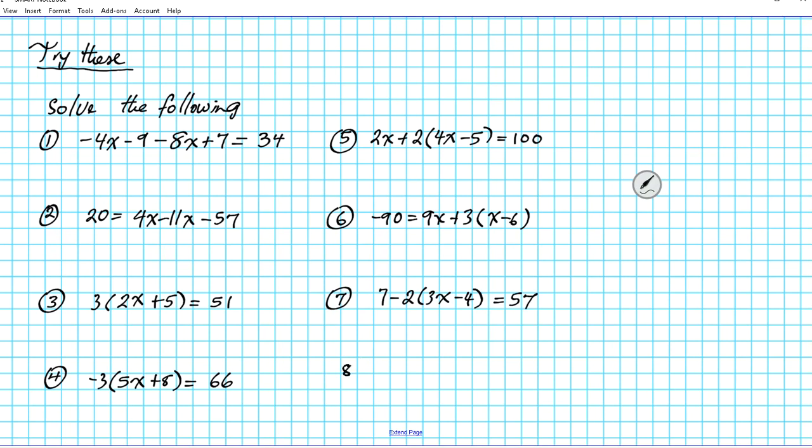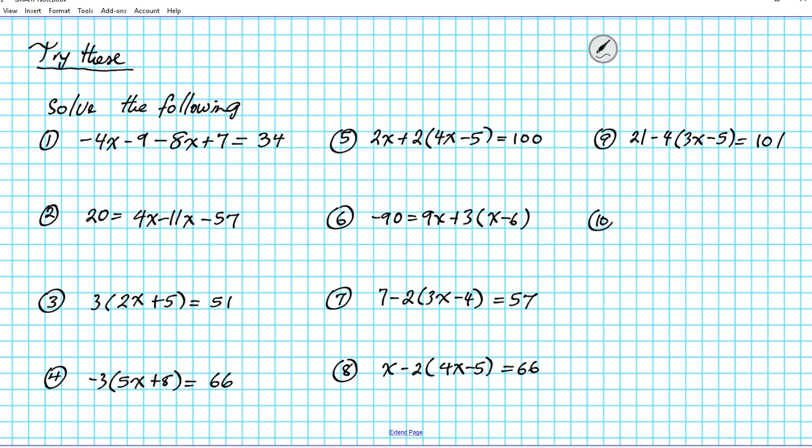Number 8, let's say you have x minus 2 times the quantity 4x minus 5 equals 66. Number 9, let's say you have the equation 21 minus 4 times the quantity 3x minus 5 equals 101.